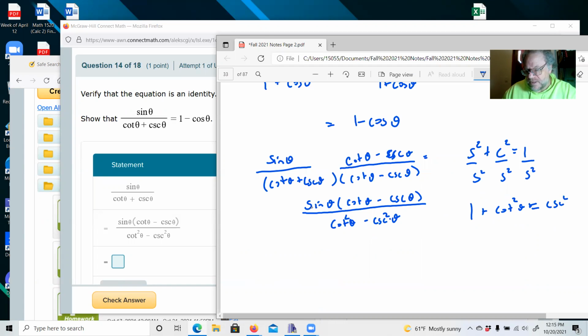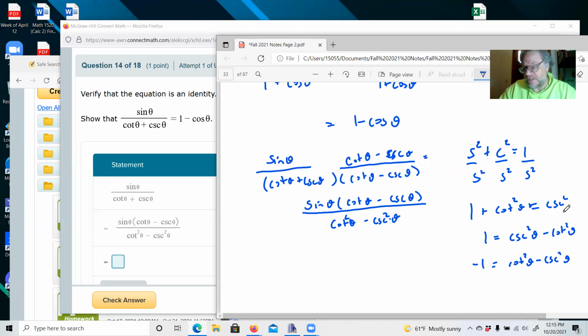So 1 equals cosecant squared minus cotangent squared. And if I make this a -1, this is cotangent squared minus cosecant squared. That's why I did this, because I knew that cotangent and cosecant are related.